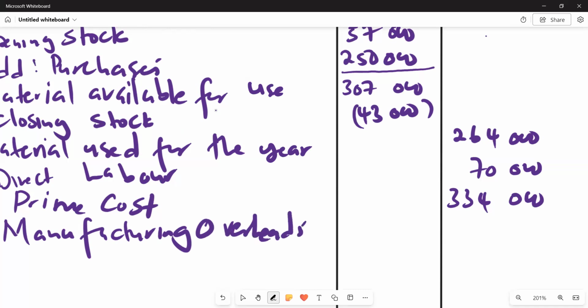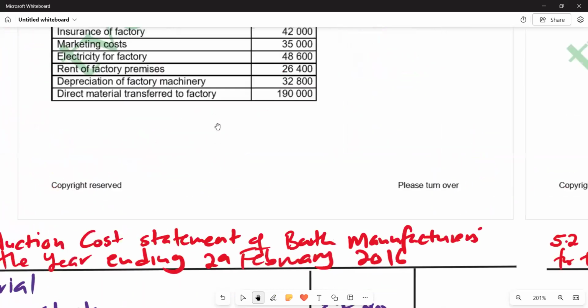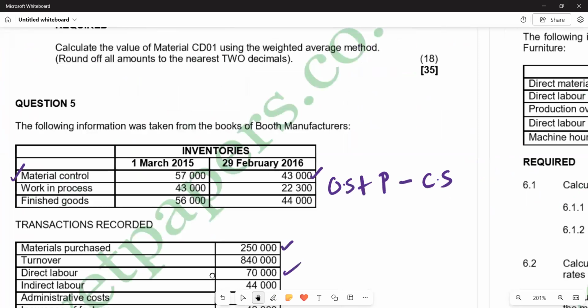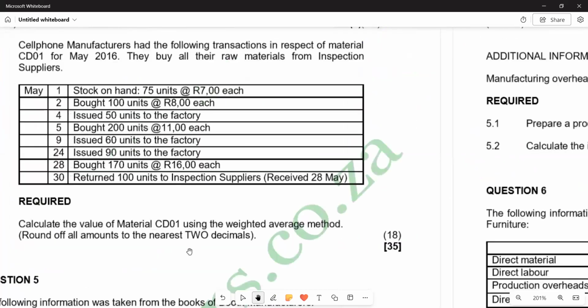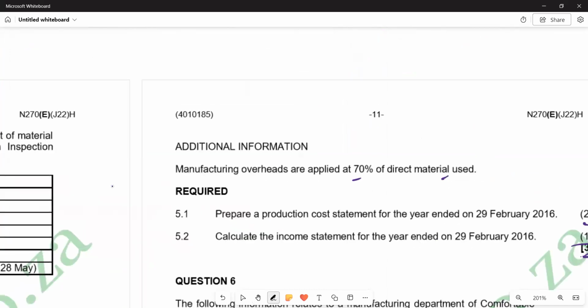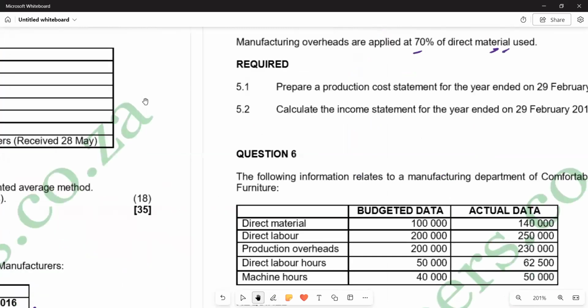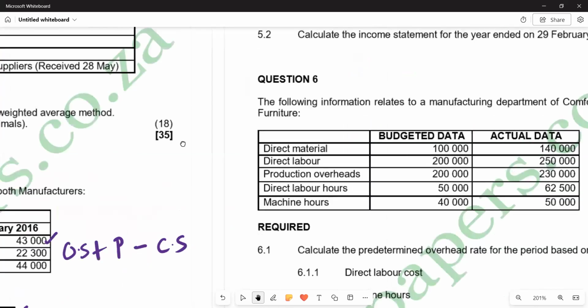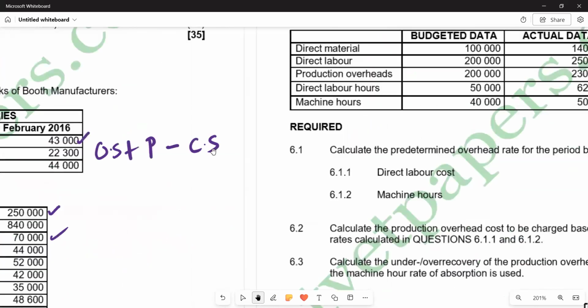On the manufacturing overheads recovered, we go back to the question to see the instruction that is given to calculate it in the additional information. They are saying manufacturing overheads applied at 70% of direct material used. 70%. So if you go to our answer section, remember we calculated direct material used.